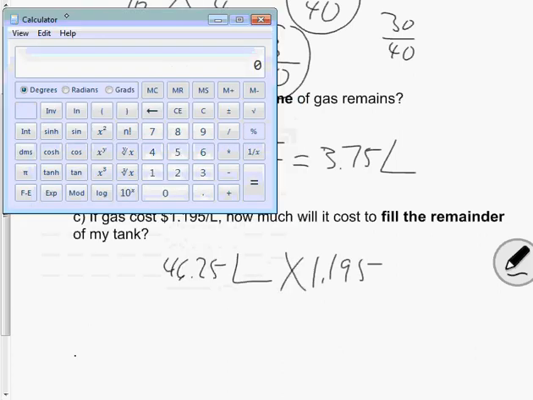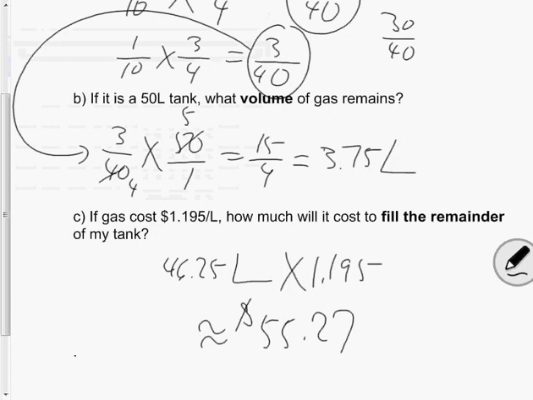So I need to put in 46.25 liters of gas because there's only 3.75 liters in the 50-liter tank left. Multiply that by the cost of per liter, and I realize it's going to cost me $55.27 approximately to fill the remainder of my gas tank.